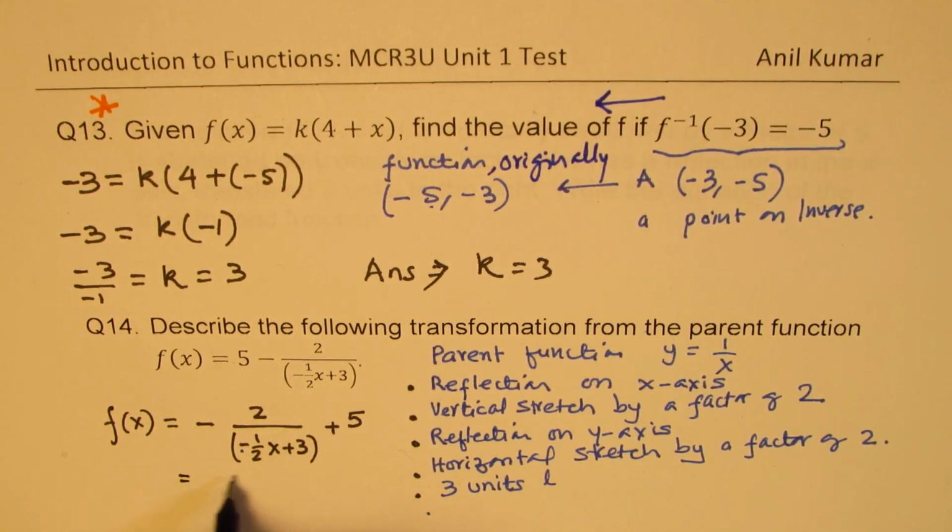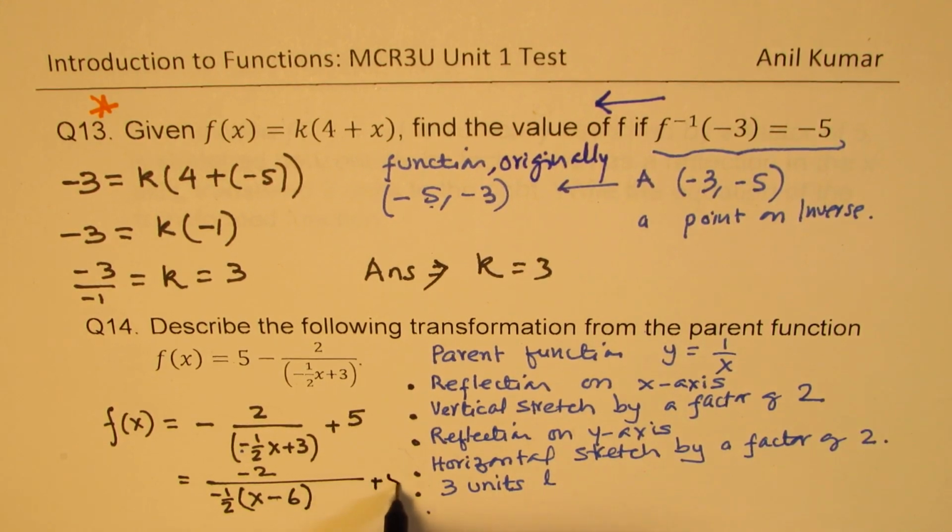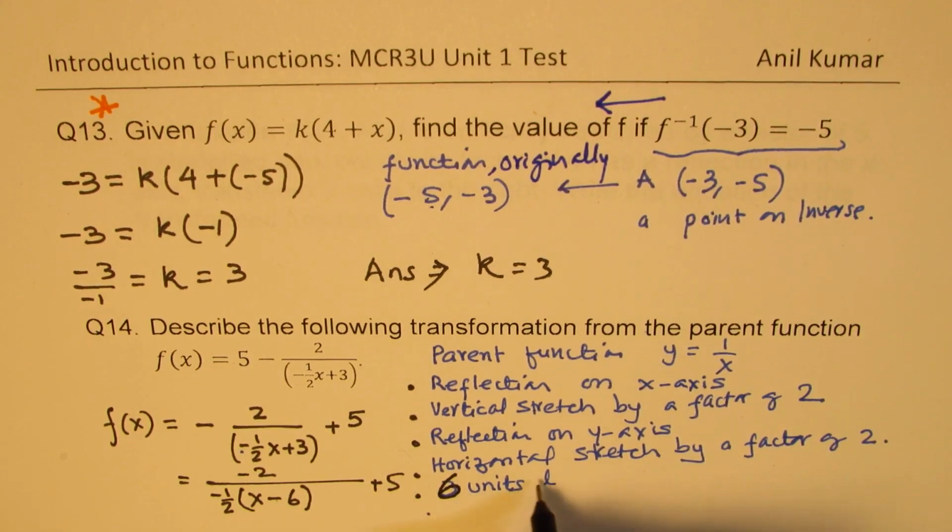So we rewrite this as minus 2 over, we take minus half common, and then we get x, and this goes in, so we get minus, and multiply by 3, we get 6, right? And then plus 5. Do you see that part, correct? So it is not 3 units left. Now you can clearly see that it is 6 units right.